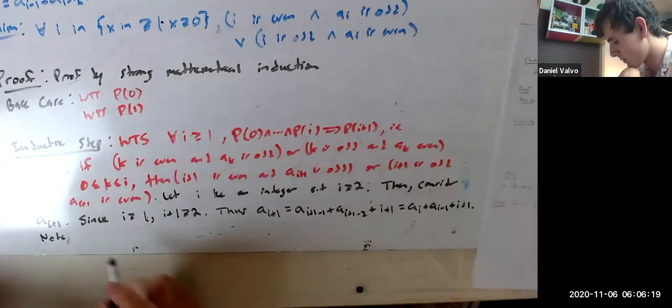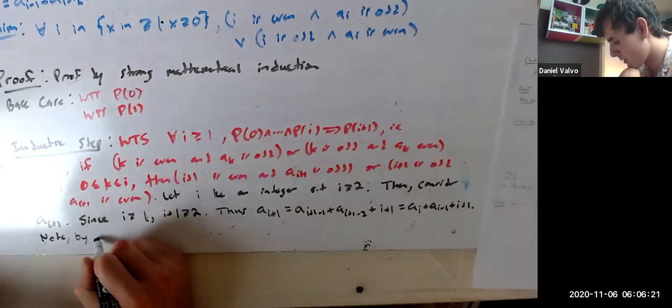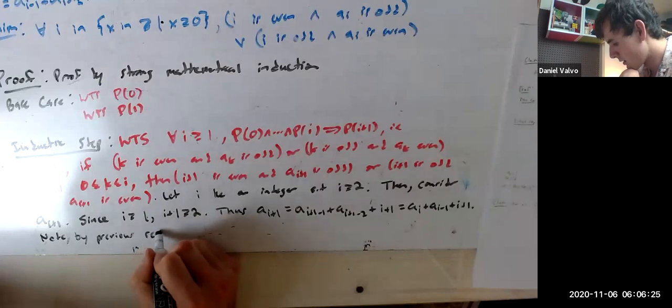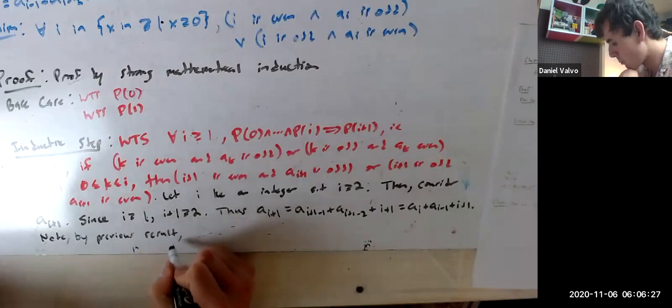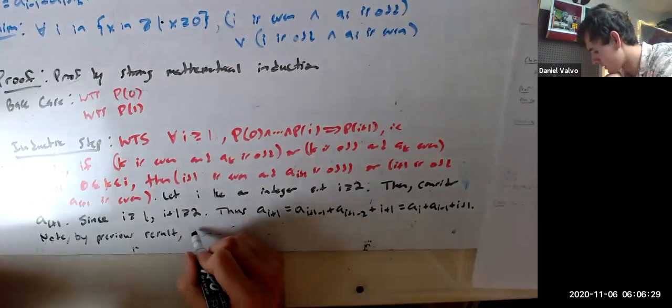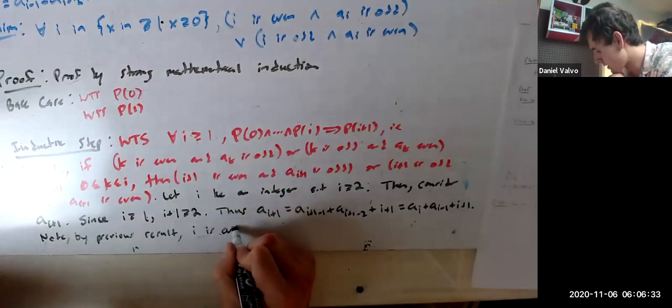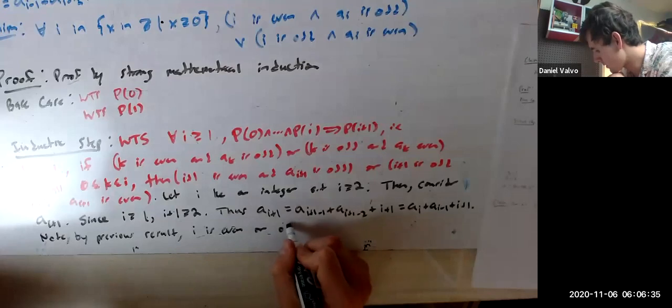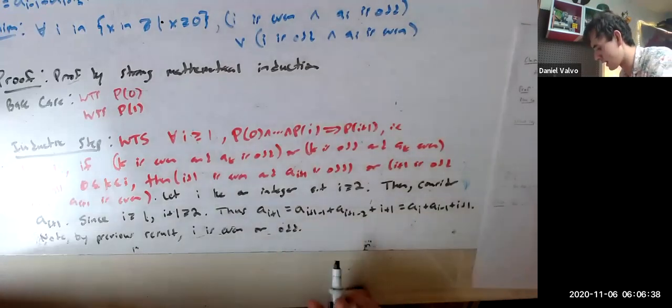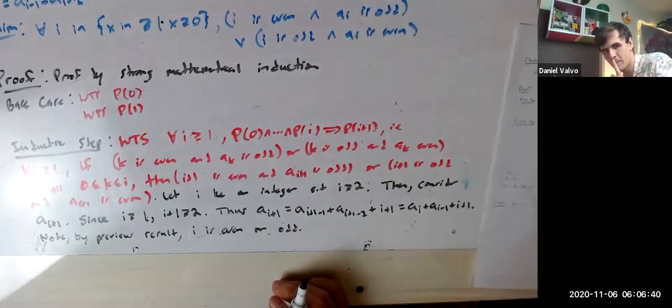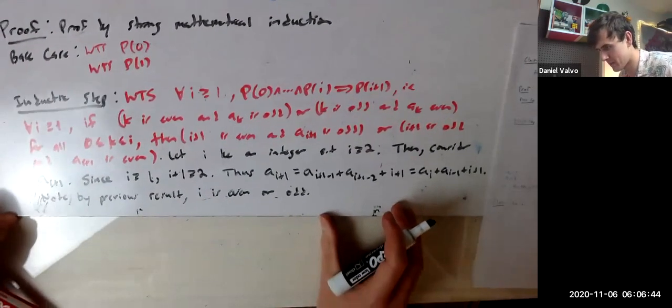Note by previous results, i is even or odd. So now I have 2 cases.